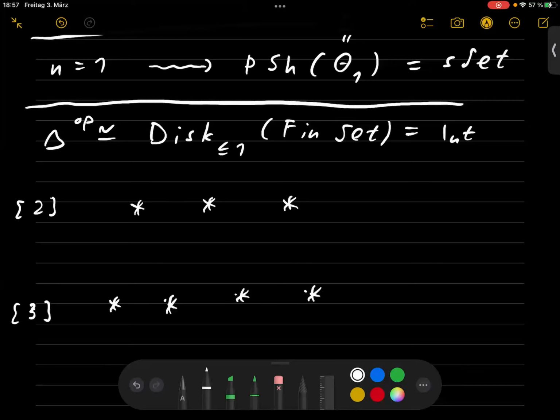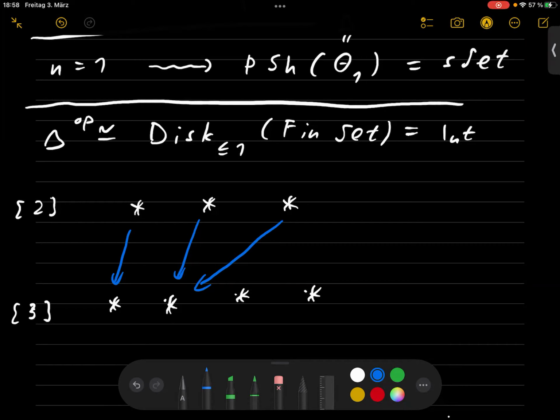And a morphism in general looks like something like this.